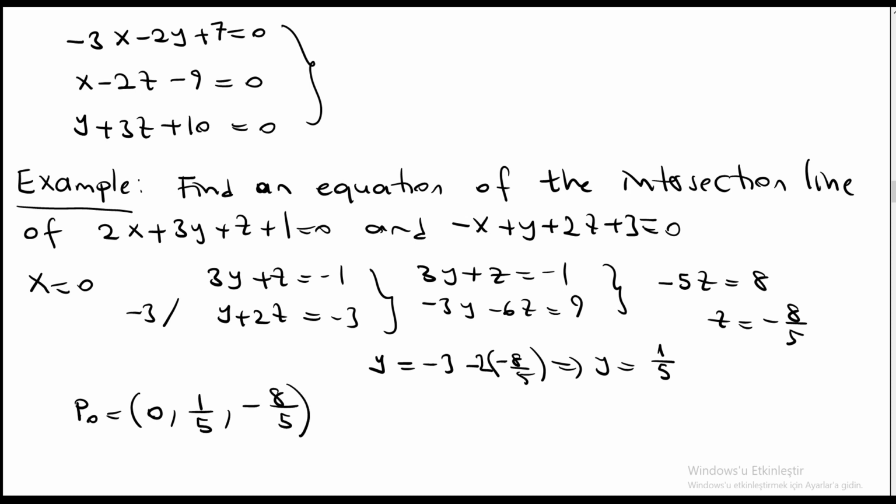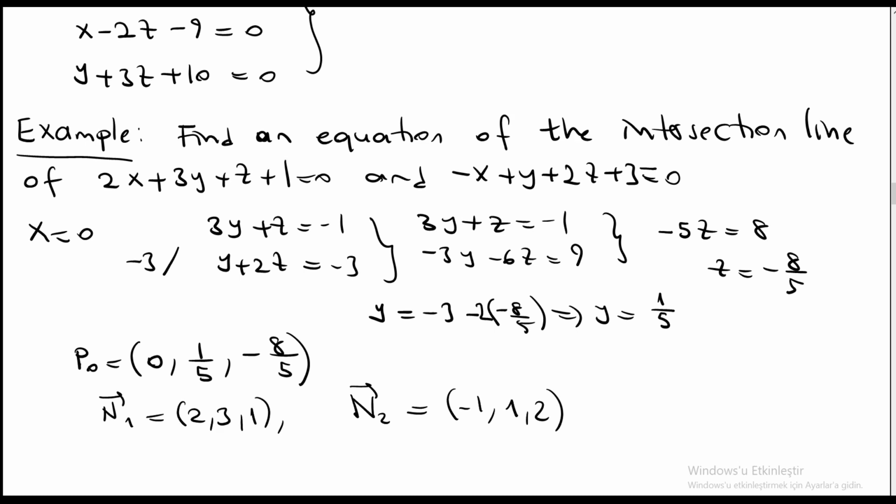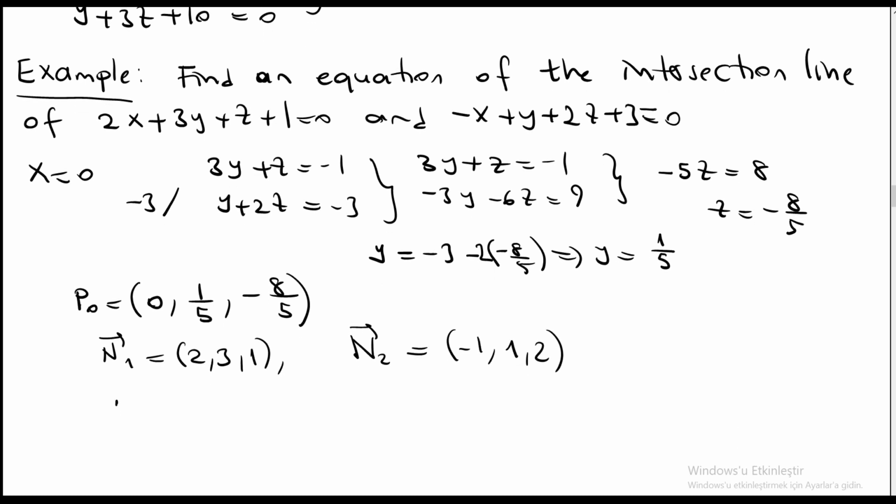Okay. And then we will find the direction vector. The normal vectors are n1, let's say 2, 3, 1, and n2 is negative 1, 1, 2. And D will be N1 cross product N2. So you have 2, 3, 1, negative 1, 1 and 2.